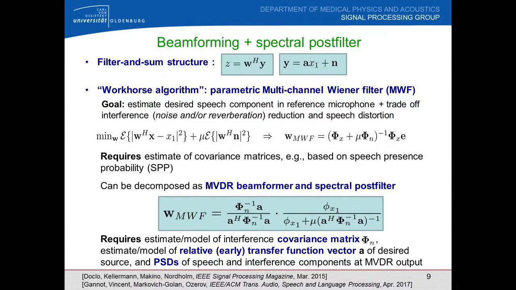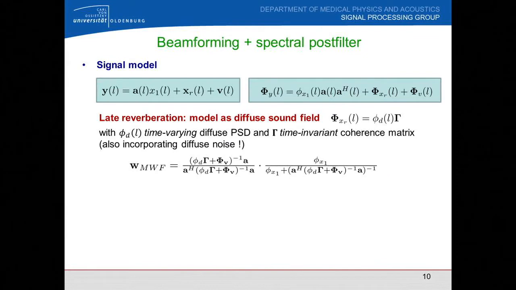If you now specifically plug in this model with steering vector, late reverberation, and noise, and we assume that all components are independent of each other, which is not completely true but is typically done, and it's also not that bad. And in addition, we assume that late reverberation can be modeled as a diffuse sound field, which is also not completely accurate, but typically not a bad assumption.